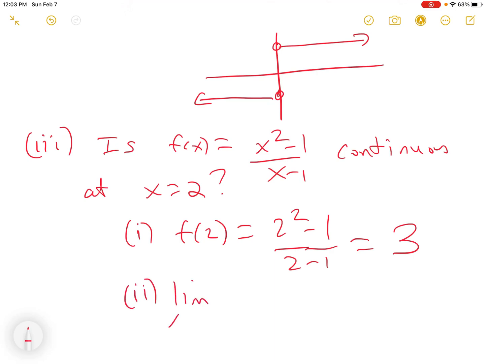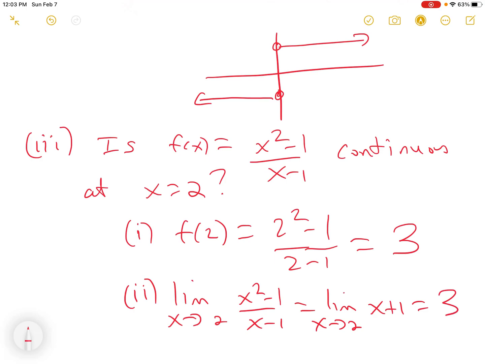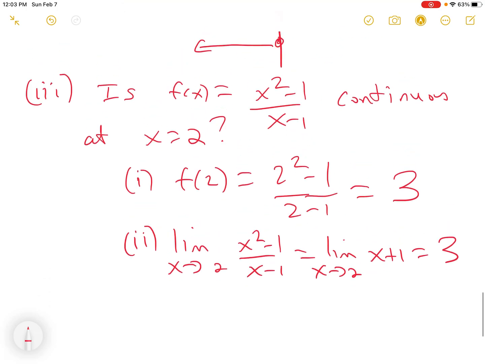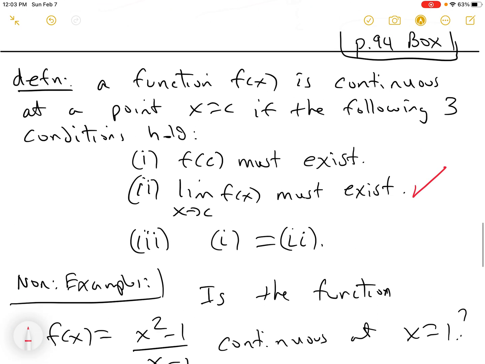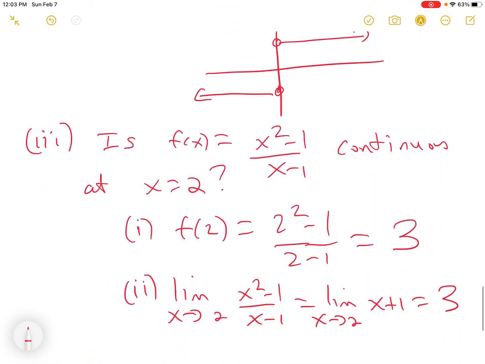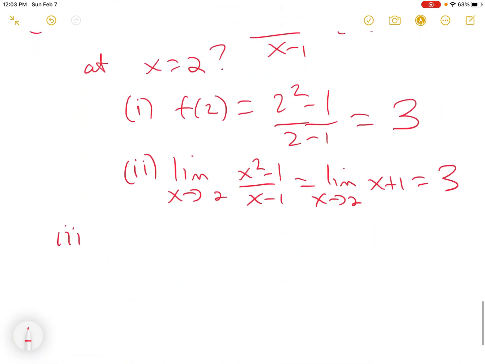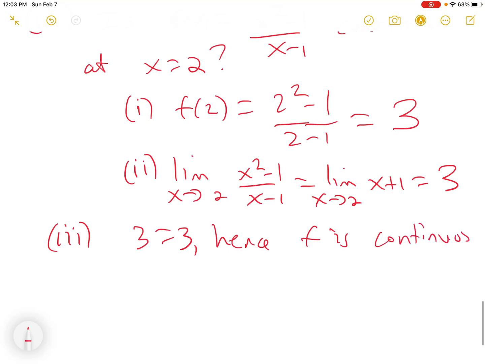Number two, the limit as x approaches 2 of x squared minus 1 over x minus 1 is the limit as x approaches 2 of x plus 1, which is equal to 3. So in this definition, part 1 is correct, and part 2 is correct, and what we want is 1 to equal 2, and 3 equals 3, hence f is continuous at x equals 2.